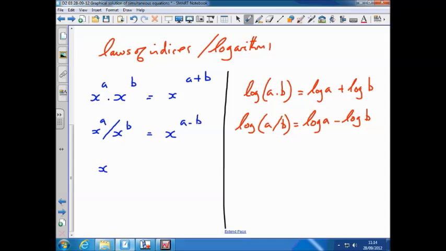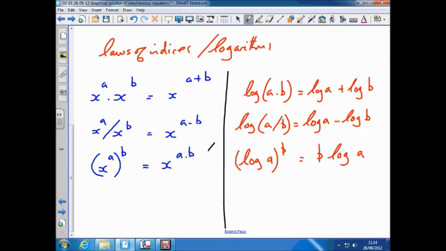X to the a raised to another power b, if I've got one power raised to another power, is x to the a times b. So, and this is the useful one for us, this is really the key one, the log of a to the power b is b times the logarithm of a. We just multiply them together. And this is the important one that we're going to be using.